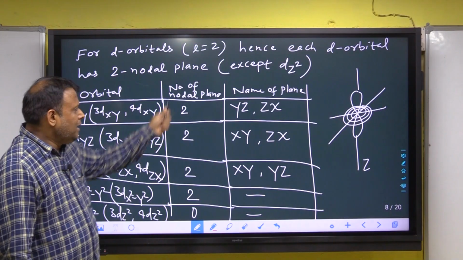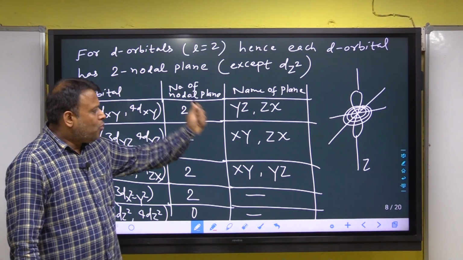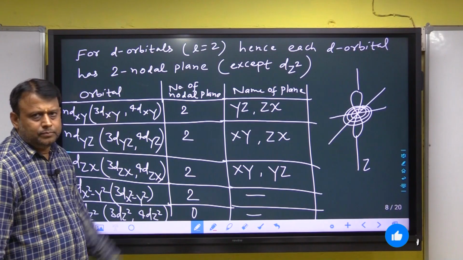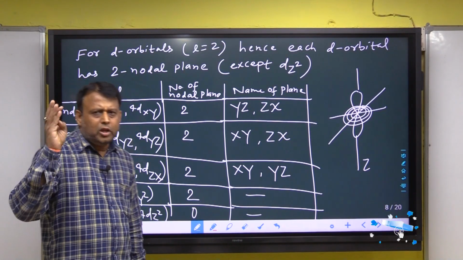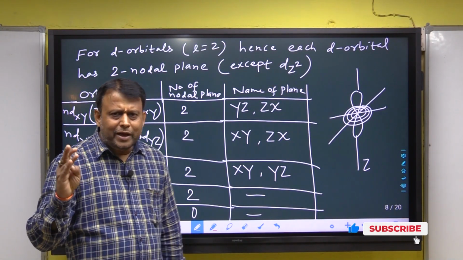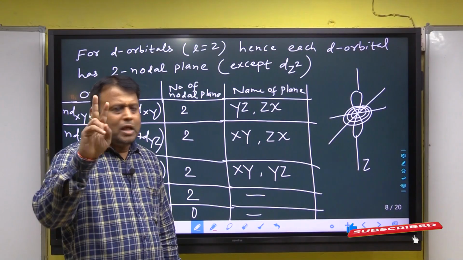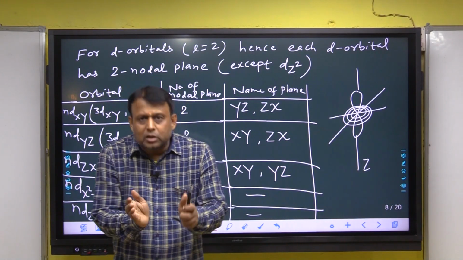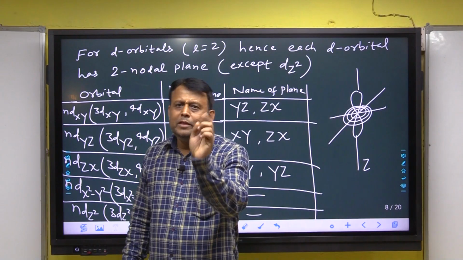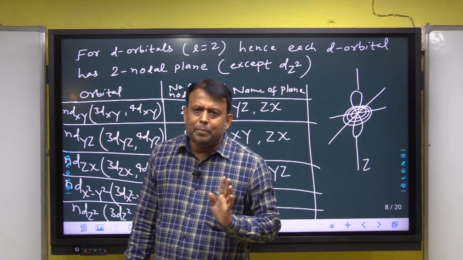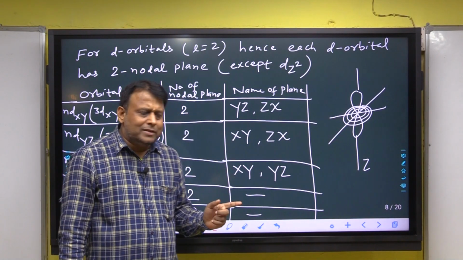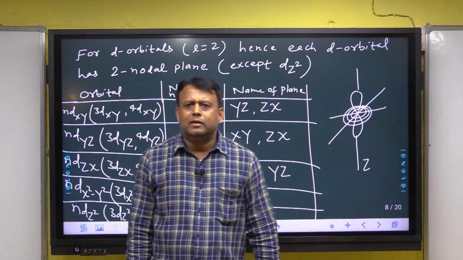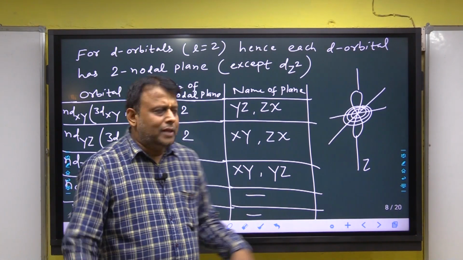For dxy, number of nodal planes is 2, yz and zx. For any dyz, 3dyz, 4dyz, 5dyz, number of nodal planes is 2, and in case of dyz both dumbbells lie between y and z, and hence xy and zx are nodal planes.